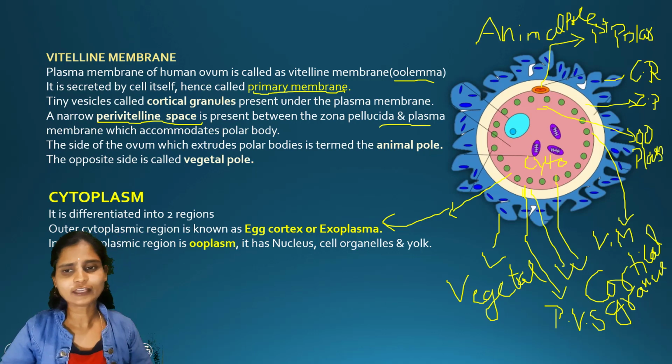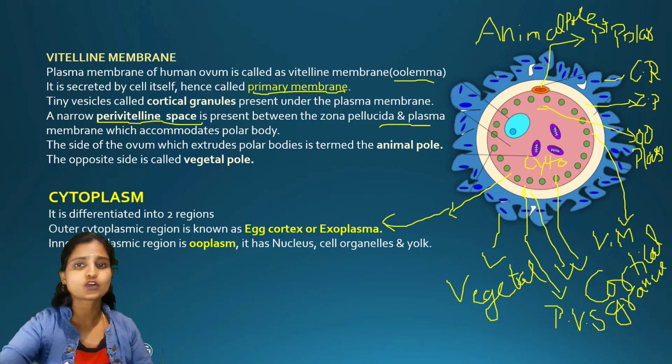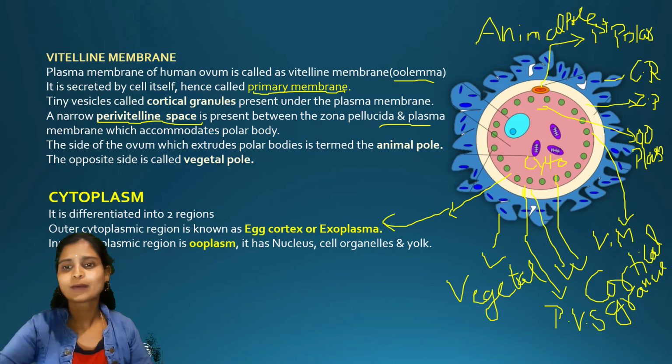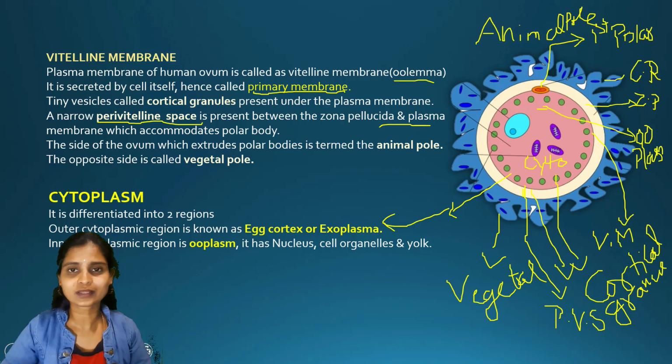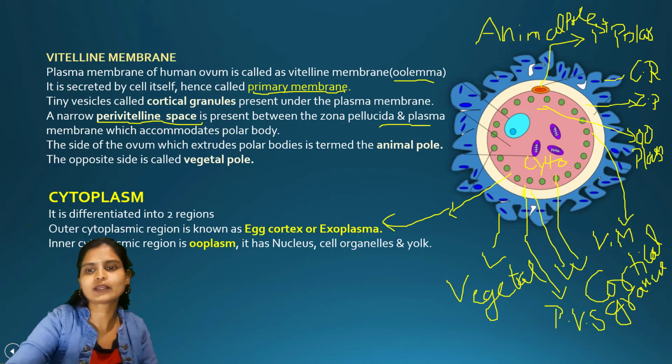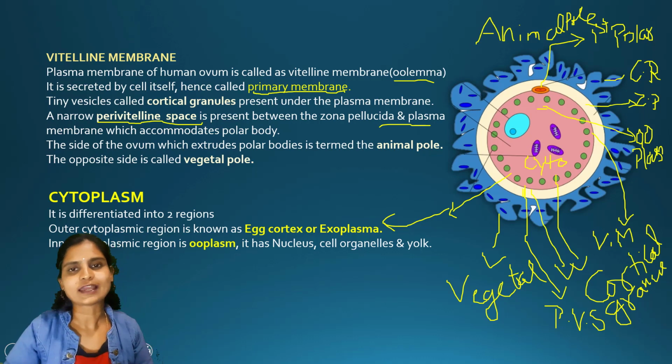The ooplasm consists of all cell organelles like mitochondria, Golgi bodies and lysosomes. But please remember that centrioles are absent in this cytoplasm.